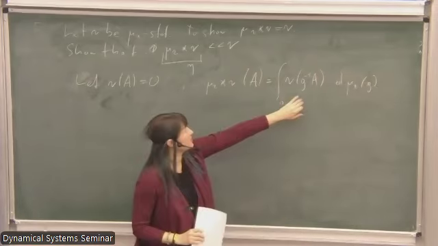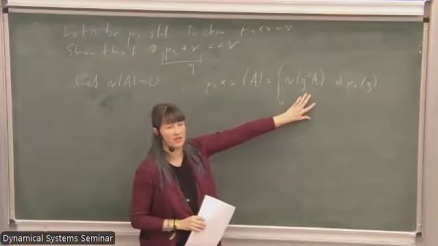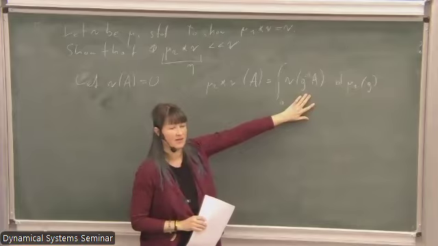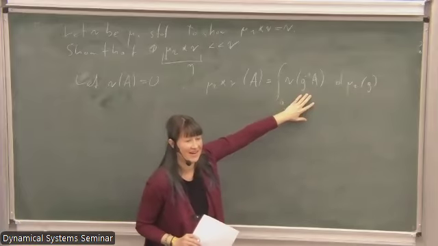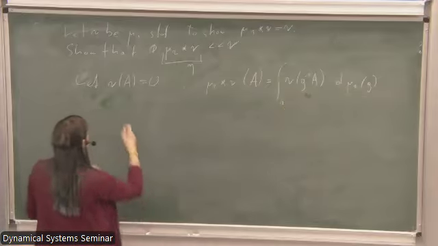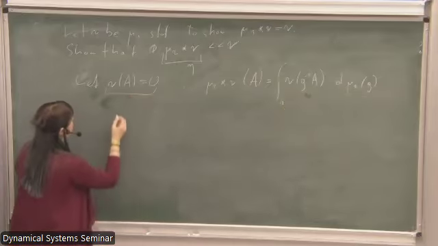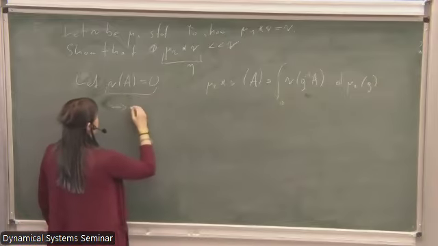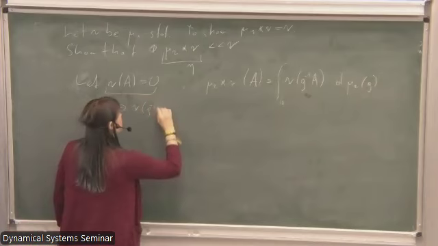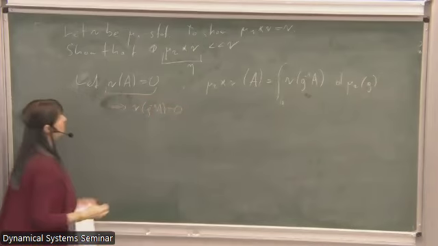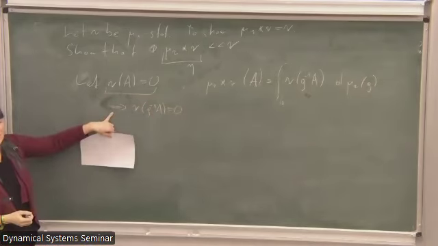So how can I say now something about this expression? What kind of property could I maybe use? I know that this here is 0, and I want to say that this implies that also this here will be 0. Why is it true?